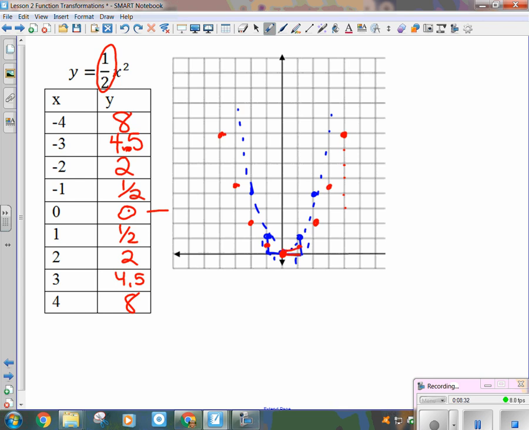Now let's draw that new shape. What happened when I put a half in there? Basically, this graph looked like it grew up half as fast, which makes it a much wider graph. The key movement is right here.